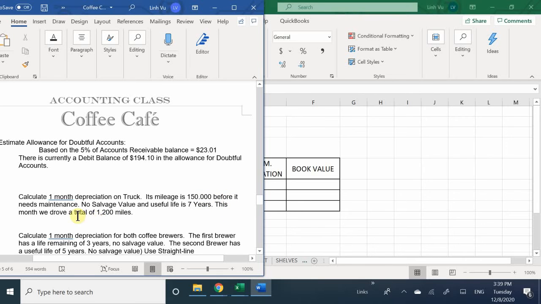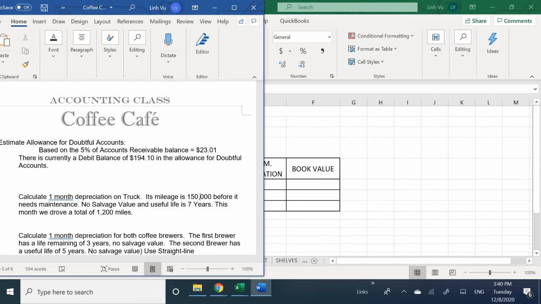Is that 150,000? Oh yeah, that's a comma, sorry. 150,000 before it needs maintenance. No salvage value, and useful life is 7 years. This month we drove a total of 1,200 miles.